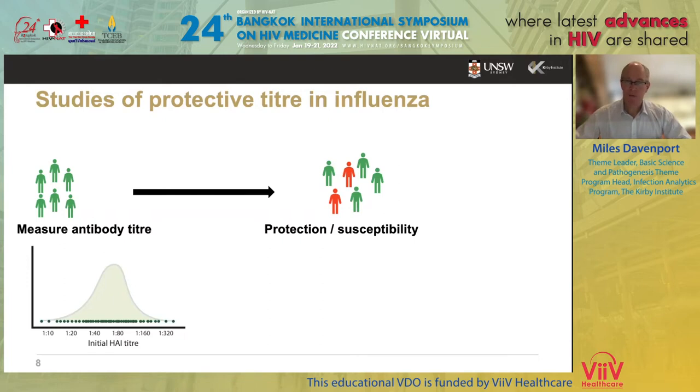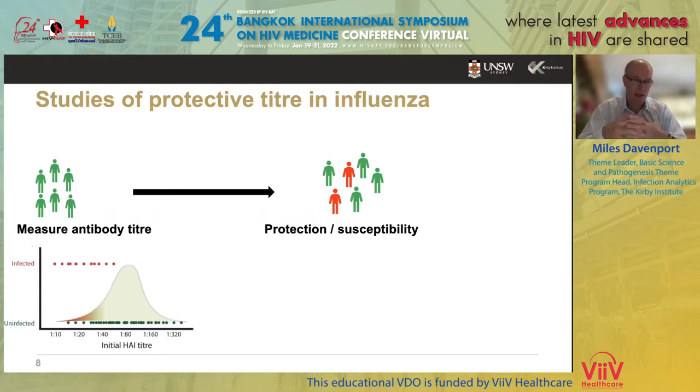In the case of influenza virus, this involves experimental infection in a laboratory, as well as following people over a winter, for example, where there's natural exposure in the community. At the end of that exposure period, we identify who's been protected and who's been infected. It's generally found that the people who got infected started with a lower HAI titer than those that were protected.